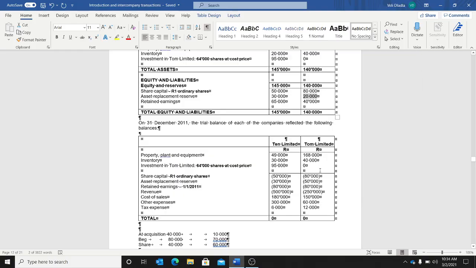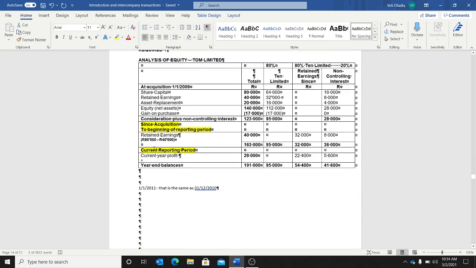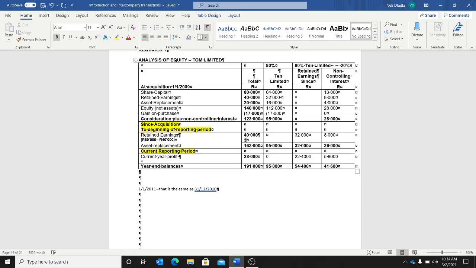I was alone, and you came and we earned 30, so we have to share on the 30. So if that was the case, we're going to have asset replacement and a 30,000 here. But when we do the 80%, okay, let's do the simple one: 20% of that is 6,000.